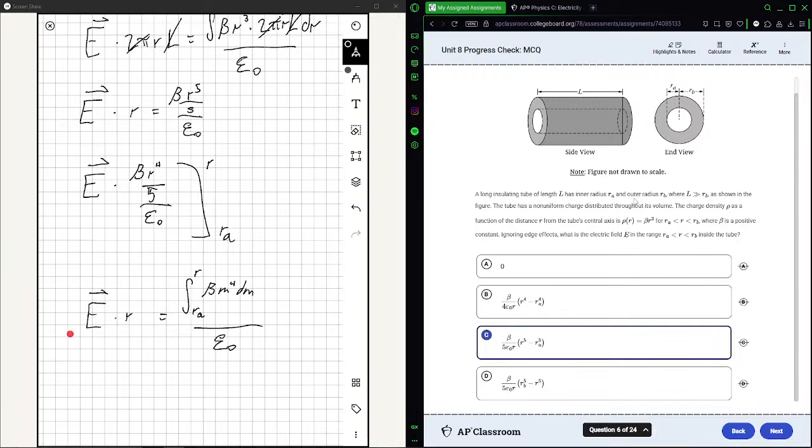Wait, so how do you know it's from RA to R? Because I thought it would be R to RB, because it says R is between RA and RB. Well, it's asking for it as a function of R. The question is: what is the electric field E when R is greater than RA but less than RB inside the tube? So it's saying what's the electric field in terms of R while R meets this requirement.